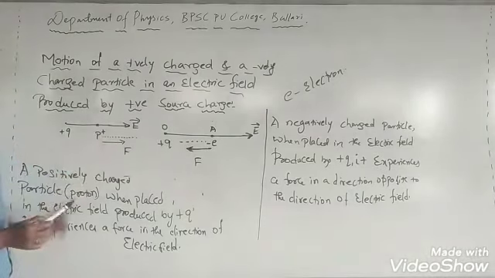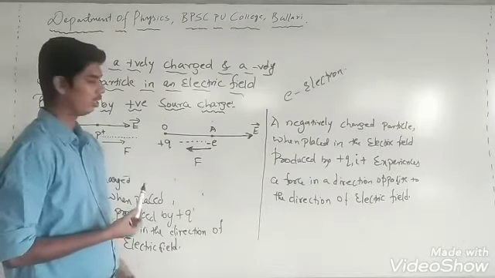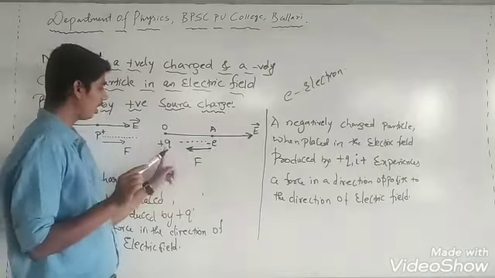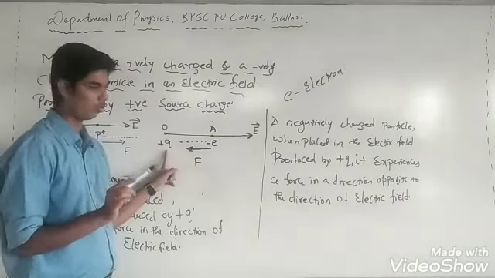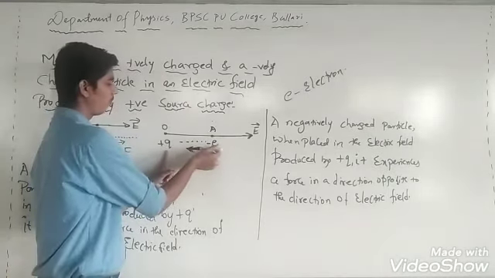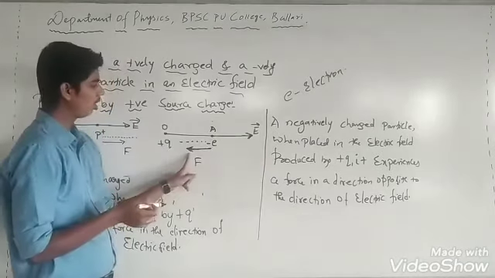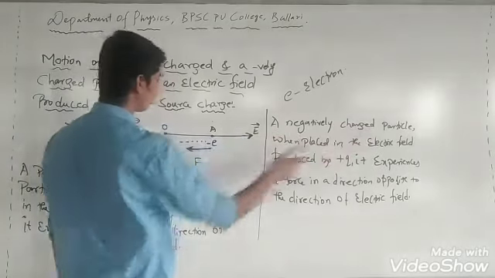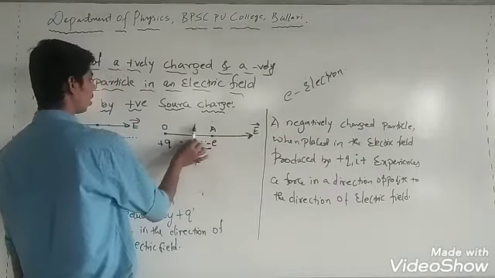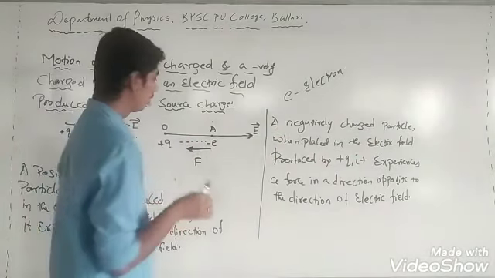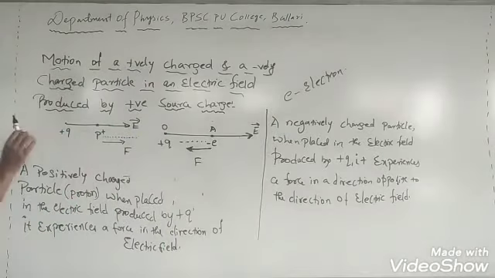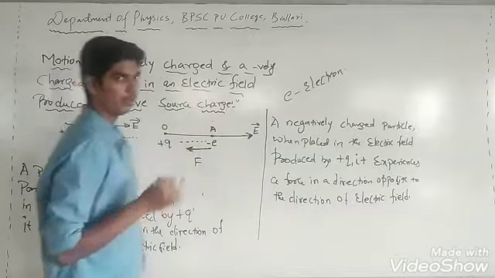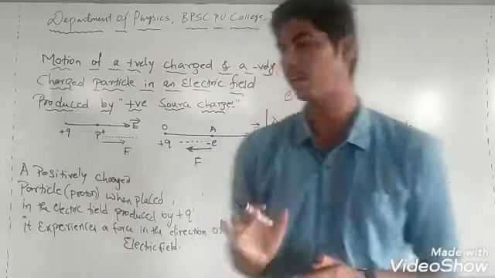On the other hand, whenever a negatively charged particle is placed in the electric field created by plus Q, it experiences a force in a direction opposite to the direction of electric field. If the electric field is towards the right, the electron will move to the left. This is regarding the motion of charged particles in an electric field produced by a positive source charge.